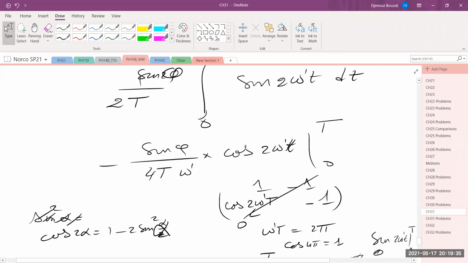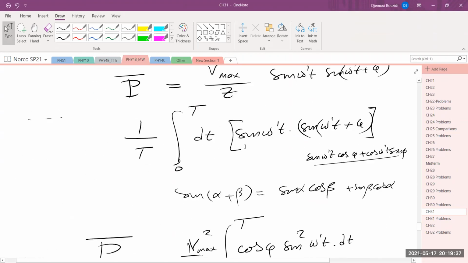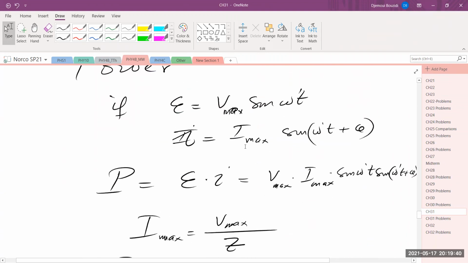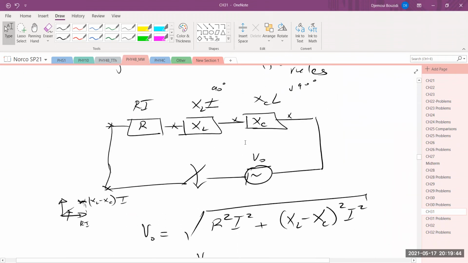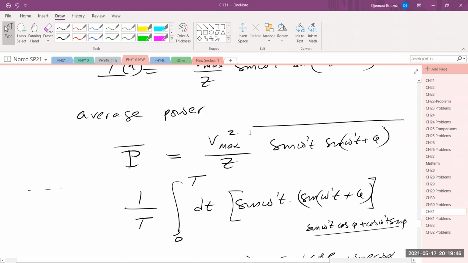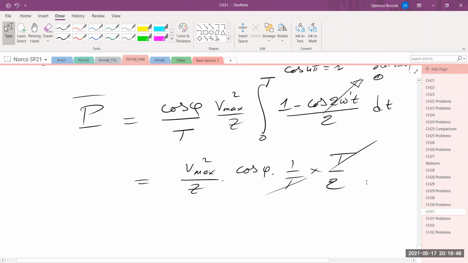During the time when the circuit is actually in resonance, when phi, which is the arctangent of that angle, is equal to 0, at that point you have the maximum power consumption.